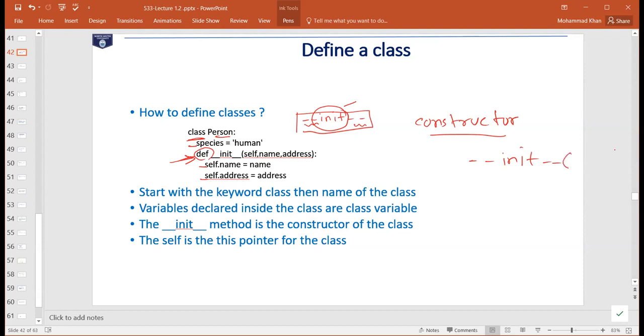For the argument list, the first argument, a positional argument, is used as a this pointer. If you remember in C++, especially in C++, we use a this pointer.